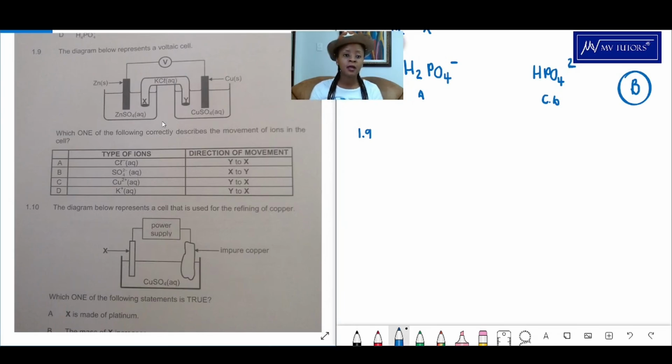Once you start connecting the voltmeter and there's electricity flowing, a current flowing through the assistance of electrons. Remember, the anode side is where oxidation occurs. Oxidation is the loss of electrons. So electrons are going out from zinc, coming into the copper electrode. As that happens, zinc becomes skinnier, or rather it loses mass, and copper gains mass.